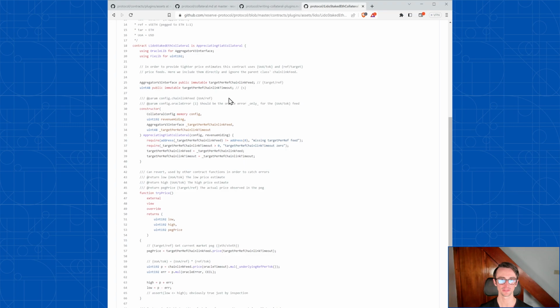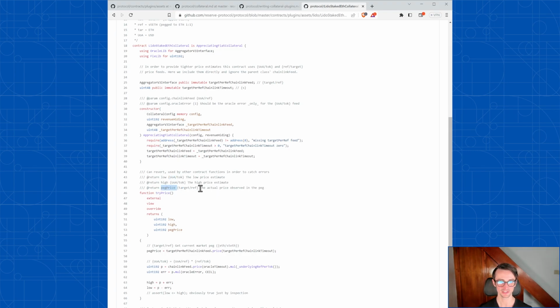And meanwhile, this other price in the Chainlink feed, the USD per stETH, is what's going to be used to provide this low and high price, which, looking at our units, is USD per tok, right? So this is, what is the price of this token that's actually being held by the backing manager?